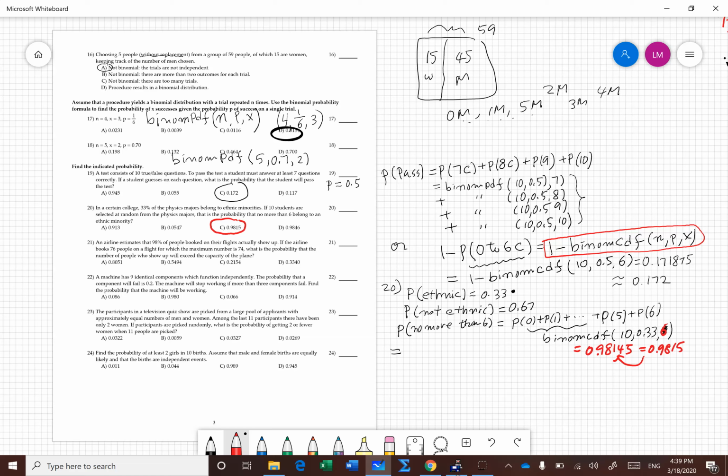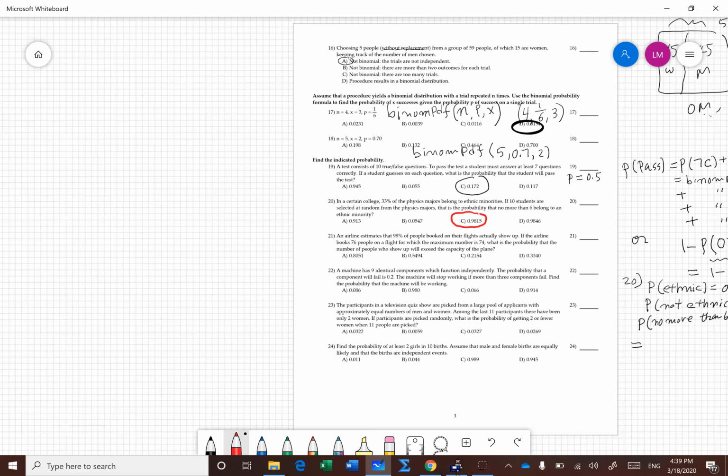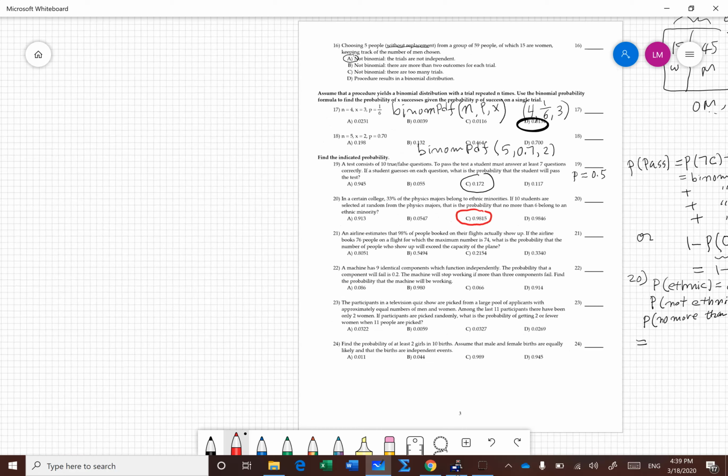At the airline, what is the probability the number who show up will exceed the capacity of the plane? Okay. This is also a good question. So 98% of people show up.